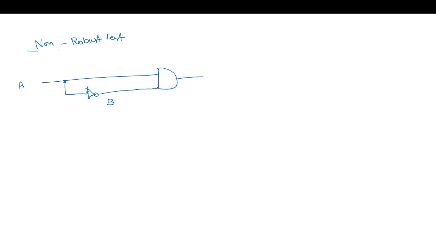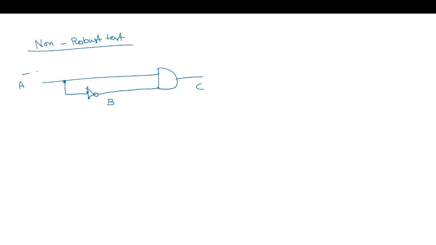Next, we take one example, with inputs A and B, and we consider it is non-robustly testable. That means only one delay fault is present.